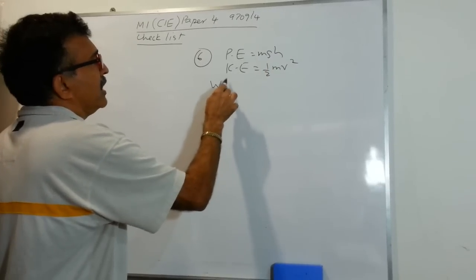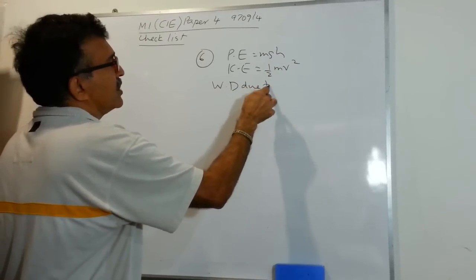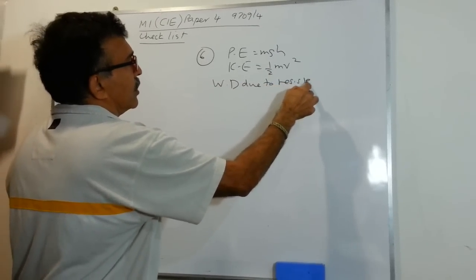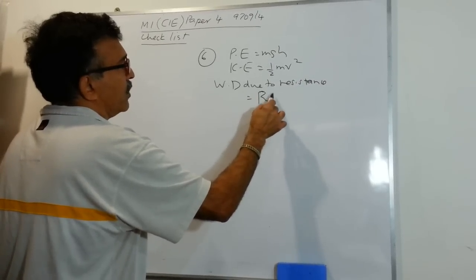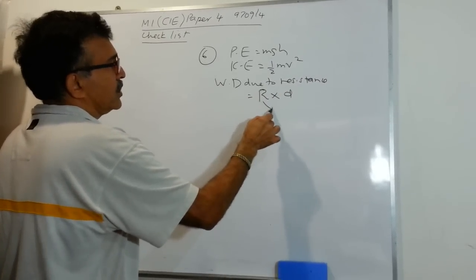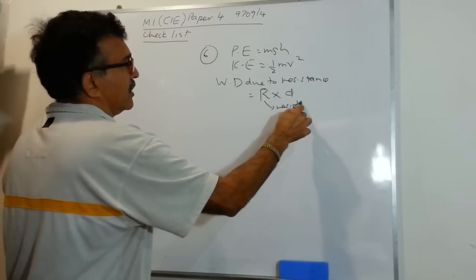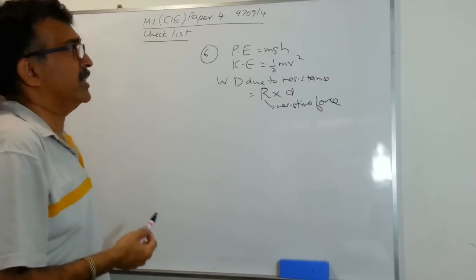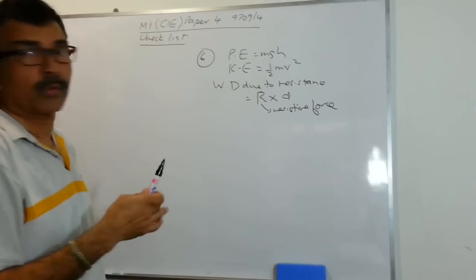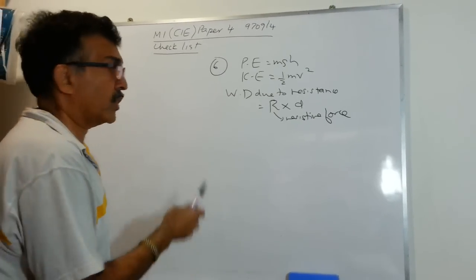And the work done due to resistance will be your resistive force times your distance. This is your resistive force, I just use R to make life a bit easier. So these things we are going to use in the question involving energy considerations.